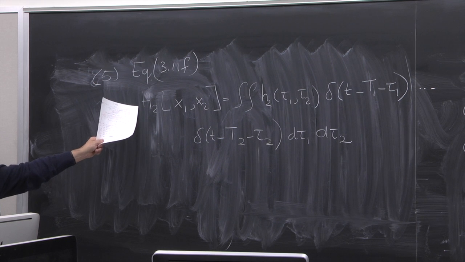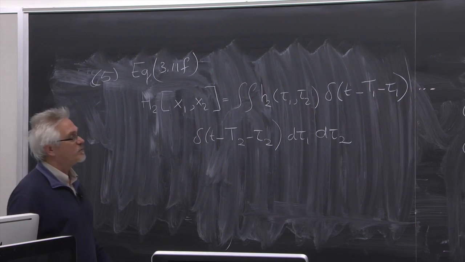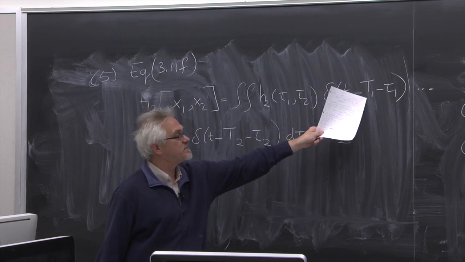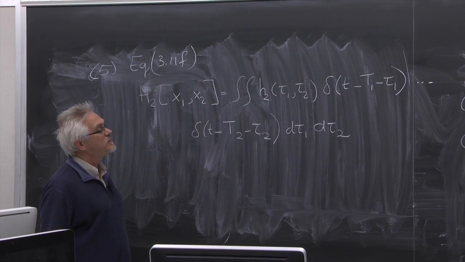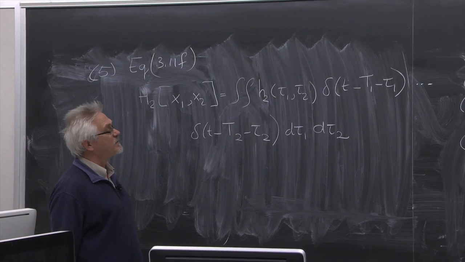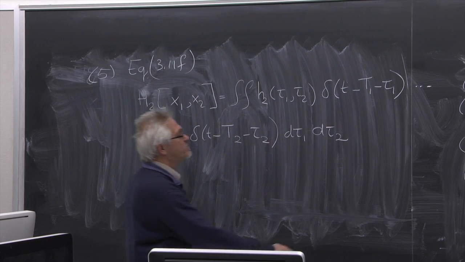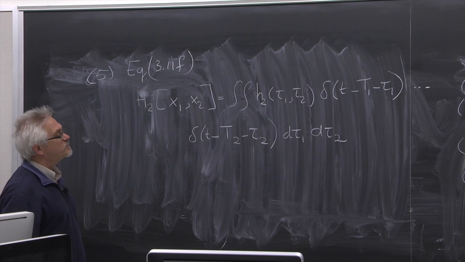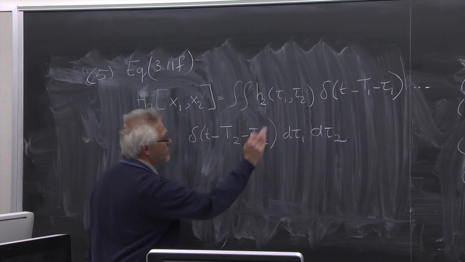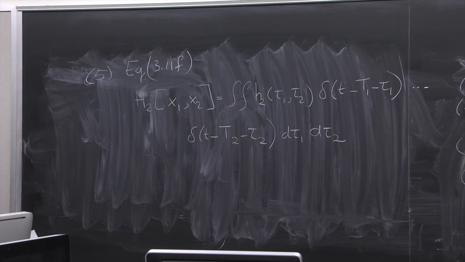So now I wrote down my operator again in full, and one signal was t minus t1, and the other signal was t minus t2. I have to give them a delay tau 1 and tau 2. I could have flipped that, of course, but it's easier to keep 1 and 1 here and 2 and 2 there. It's just a little easier to read, and then integrate it. So that's my step number 5.